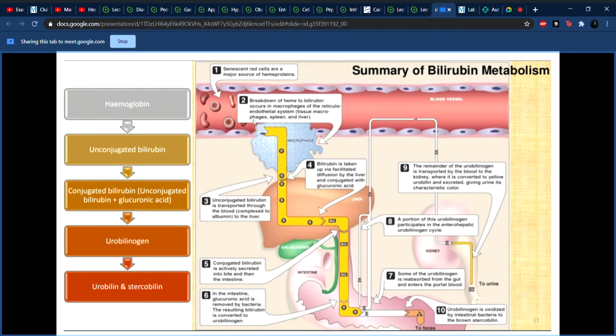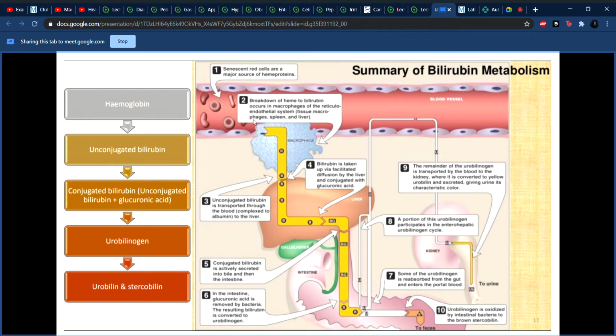Globin is amino acid, and amino acid will circulate. That's not important now. What's important is heme. Heme will be further broken down into iron and bilirubin, which is unconjugated. Iron will circulate in our body. This unconjugated bilirubin is not water soluble, it's lipid soluble.